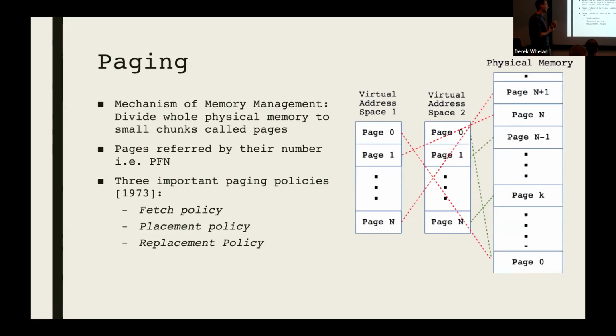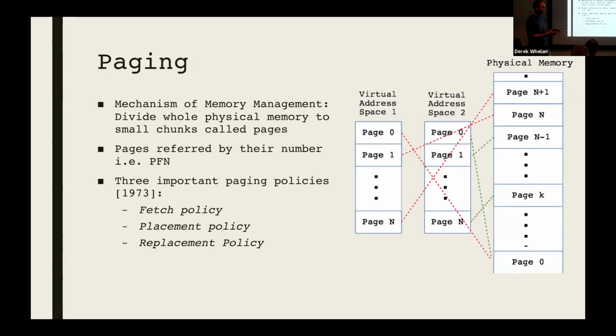But this is the way newer systems started to work, by introducing paging. In the 70s, there was some research about different policies for the pages. Fetching policy: when do we fetch the page from the disk to the memory? Placement: where exactly do we put those pages?